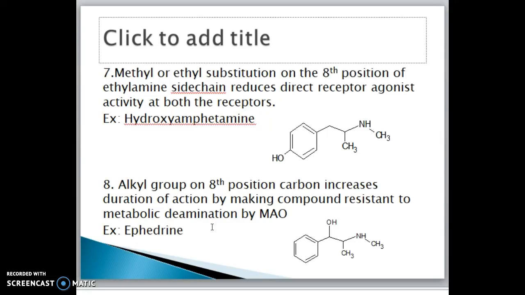An example is hydroxyamphetamine, where we can observe an alpha methyl substitution. Moreover, when alpha methyl substitutions are there, these compounds increase resistance towards the MAO enzyme, monoamine oxidase, so that we can decrease its metabolism and increase the duration of action. For this we can take the example of ephedrine, which comes under mixed acting sympathomimetics.